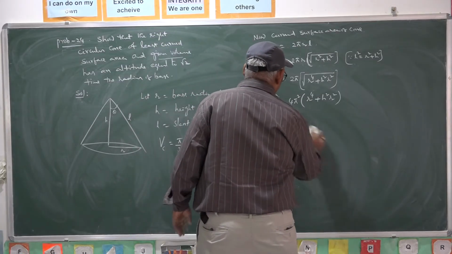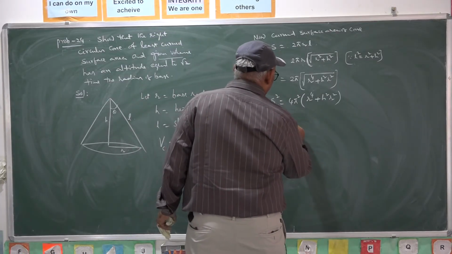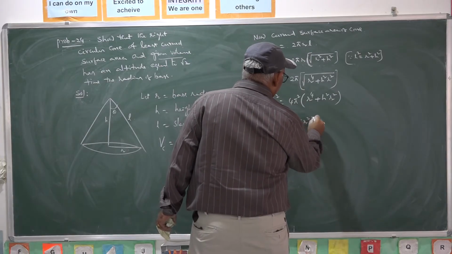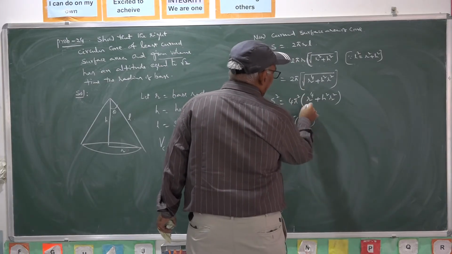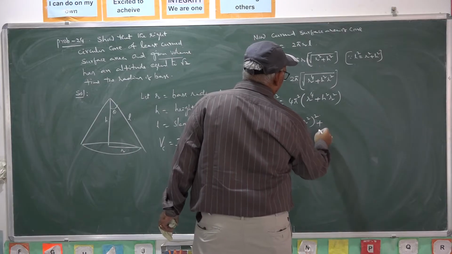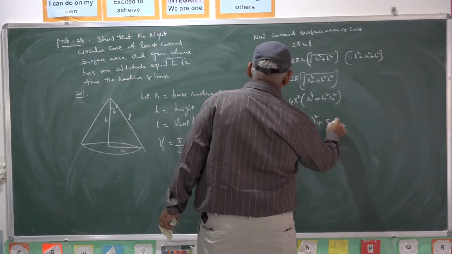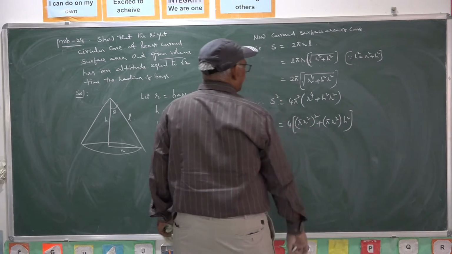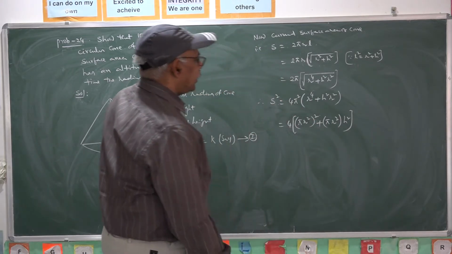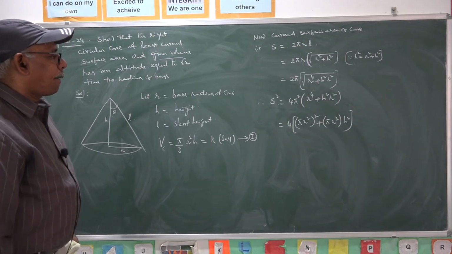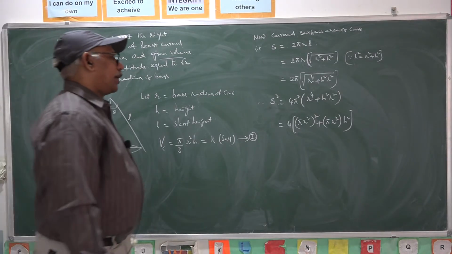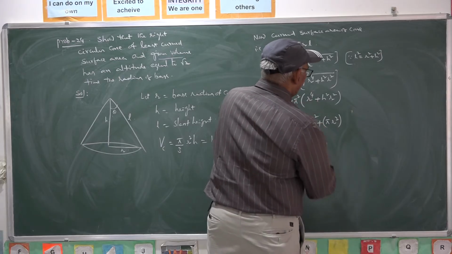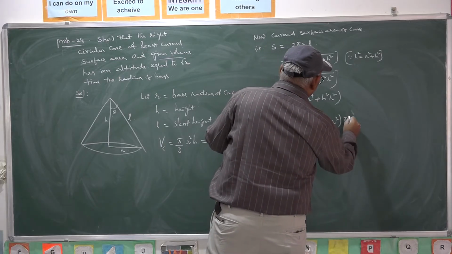Do one thing, it may be written as 4 into, taking this inside, pi r square whole square plus pi r square into h square, pi h square, because of pi square here.